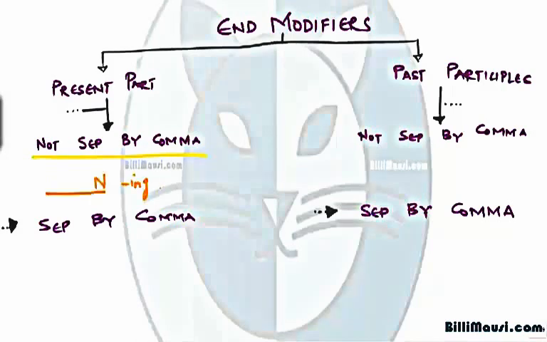Ing participle and others. They refer back to the immediately preceding noun. Simple, very simple. We have done ample questions and illustrations in this case. When they are separated by a comma, remember, this is the tricky one.